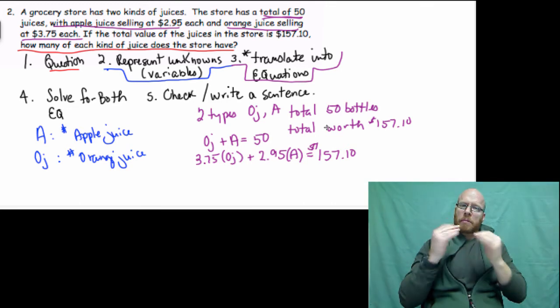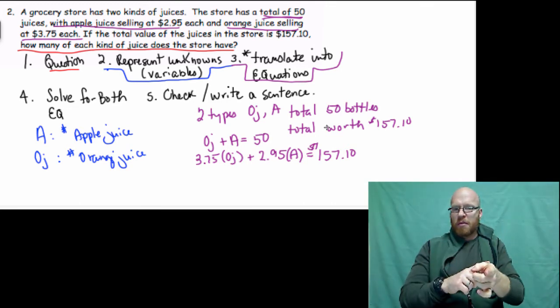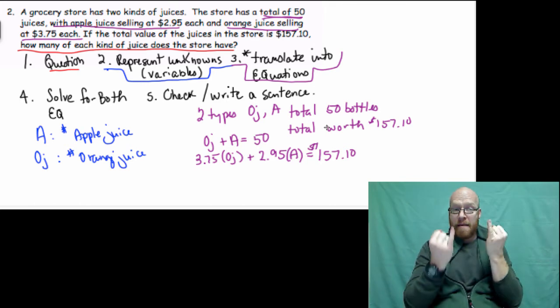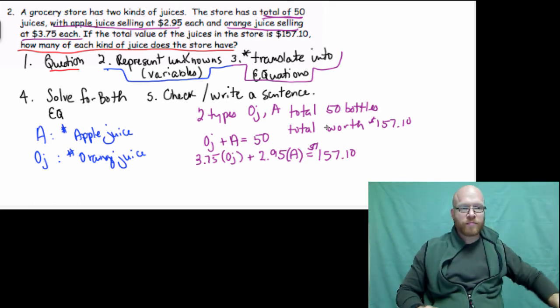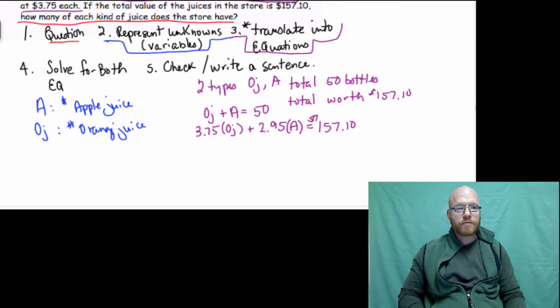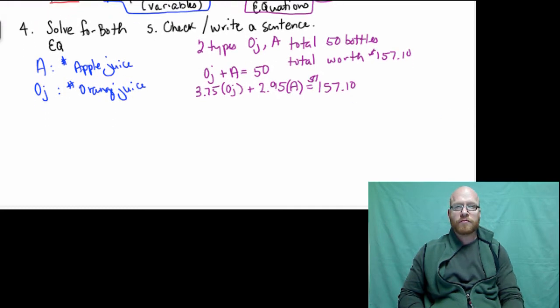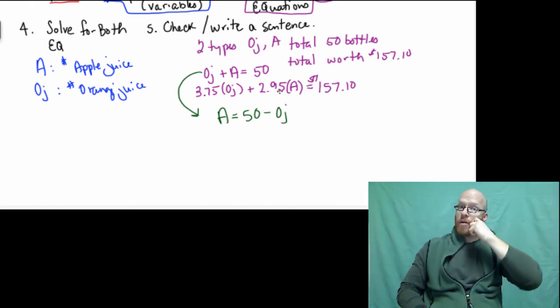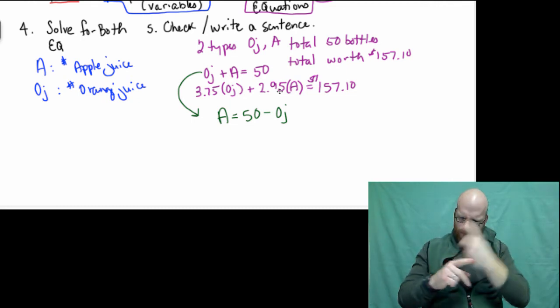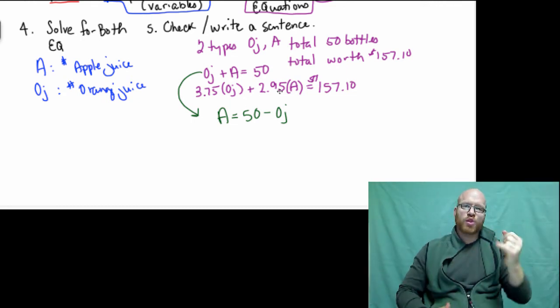Looking at this, I believe the substitution method would be the best choice at this point. If I isolate A, which is what I'm going to do, I'm saying the number of apple juice bottles is equal to 50 minus the orange juice bottles.